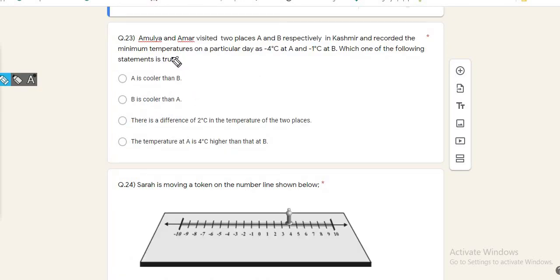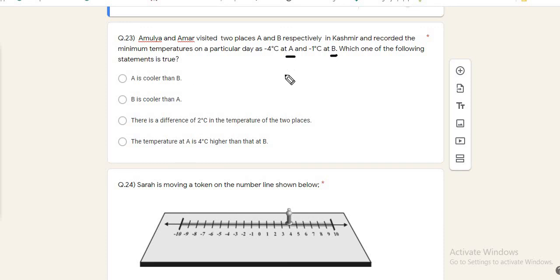Question 23. Amulya and Amar visited two places A and B in Kashmir and recorded the temperatures on a particular day as -4 degrees Celsius at A and -1 degree Celsius at B. Which of the following is true?